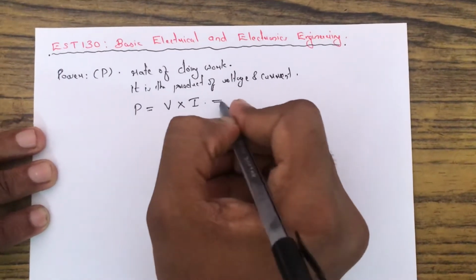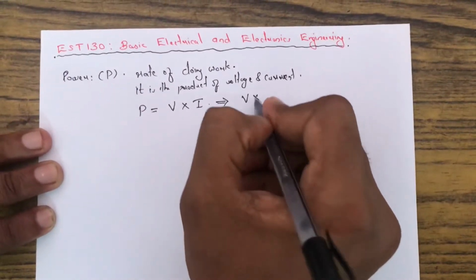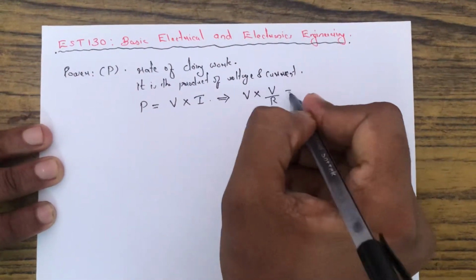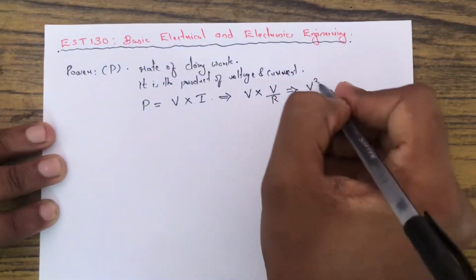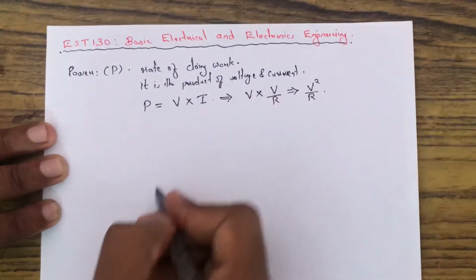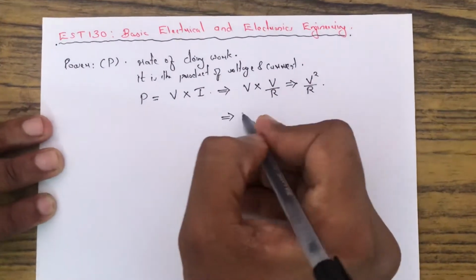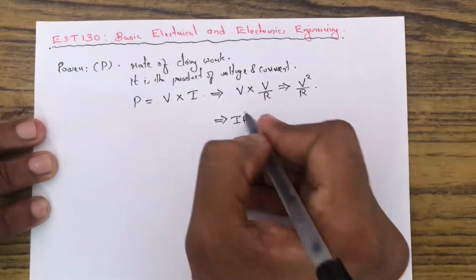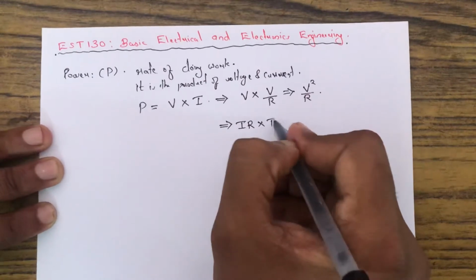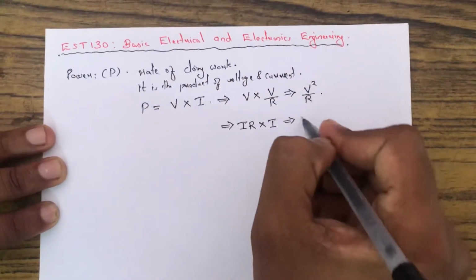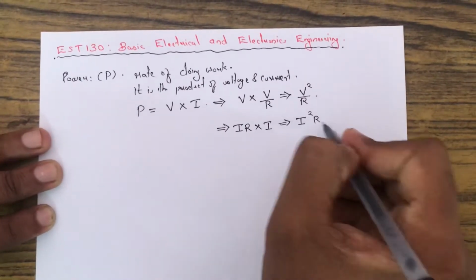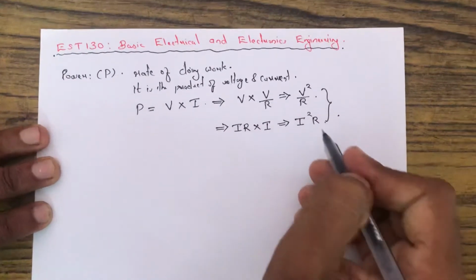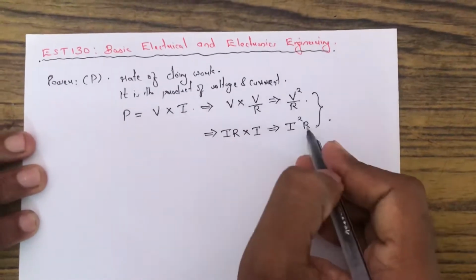From Ohm's law we can represent I equal to V by R, so we can write V square by R. Or we can substitute V equal to IR from Ohm's law, V into I gives I square R. So we can write two equations for power if the resistance is given.